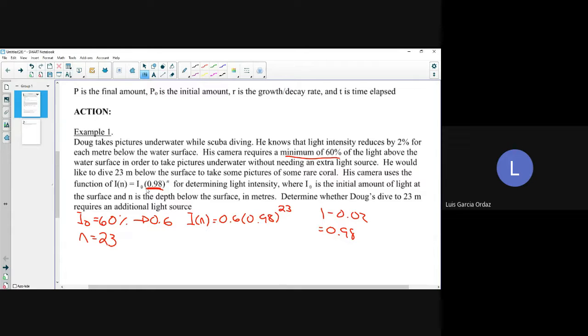So what's 1 minus 0.02? 0.98. So it gives me 0.377. So the light intensity at 23 meters below the surface of water is 0.377.